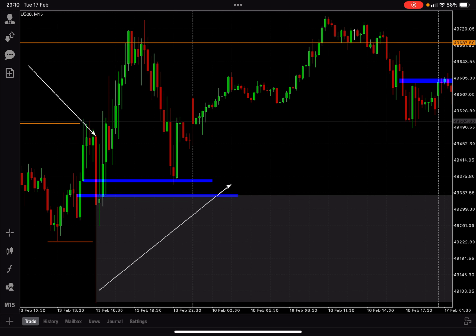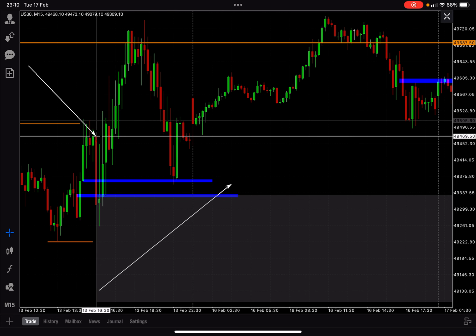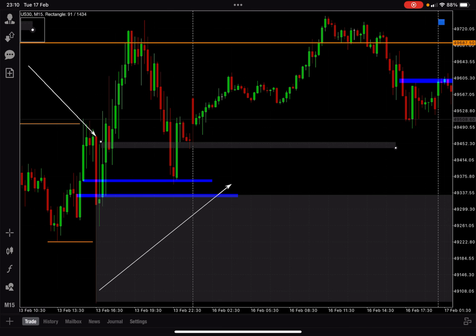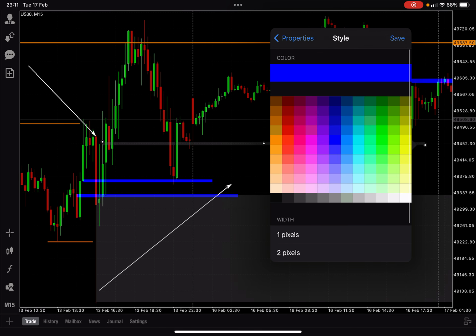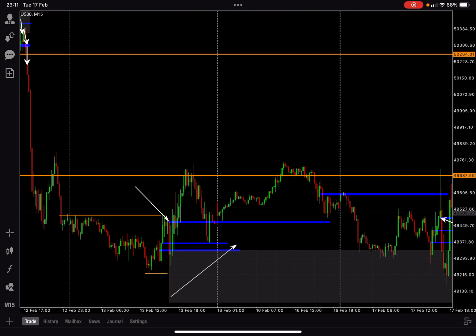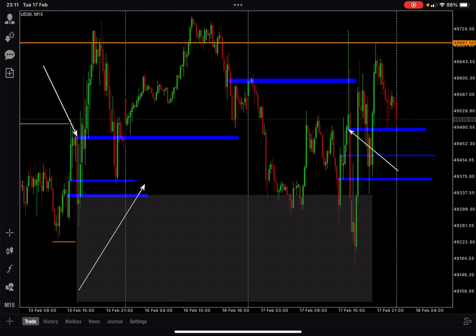Are there any other levels we need to draw along? So we can take this one here. We can put that in blue too. So that is the New York Open from there. Let's just put that on like that to indicate where the New York Open was. So now we can go to today.